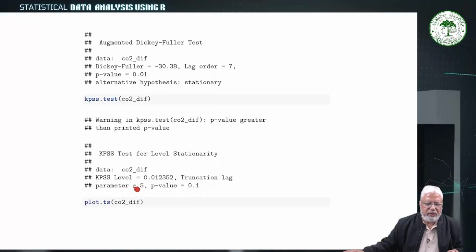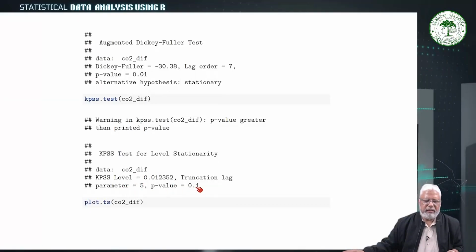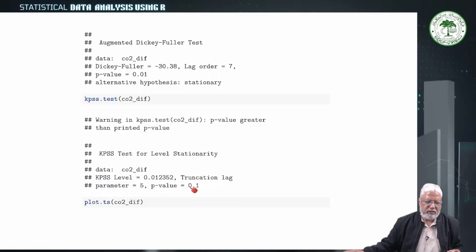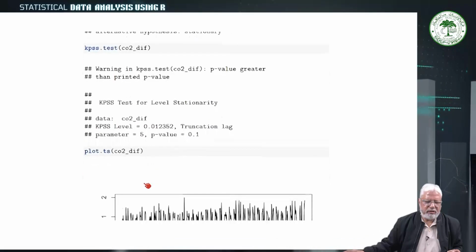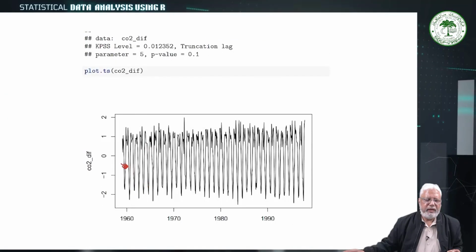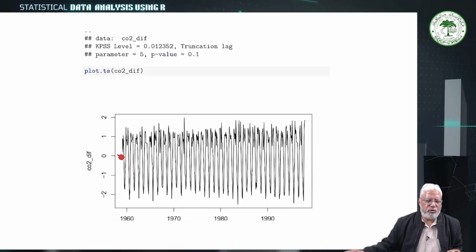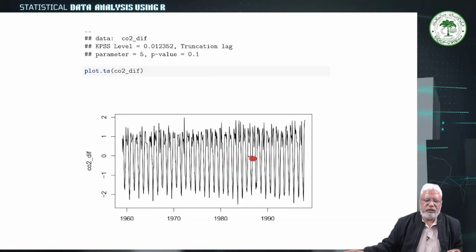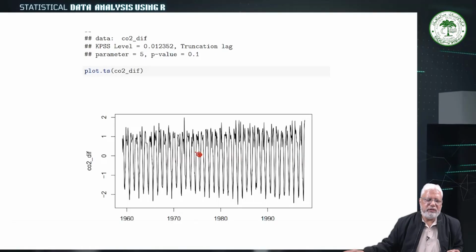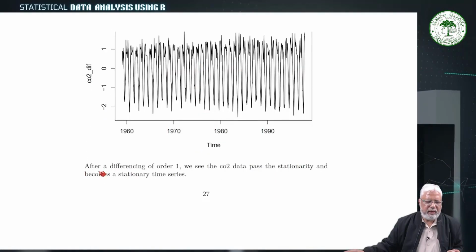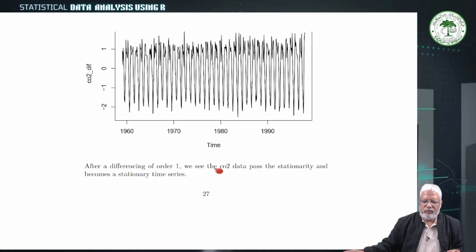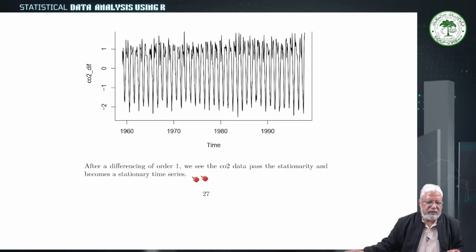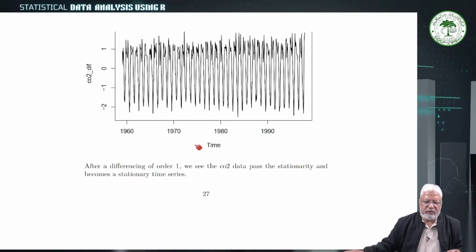Here the p value is 0.1, and that means here stationarity is H0, and that is being accepted. plot.ts, see, this is the plot of the differencing, which looks like white noise. And that shows that the series is stationary. After a differencing of order 1, we see that the CO2 data pass the stationarity test and become a stationary time series.